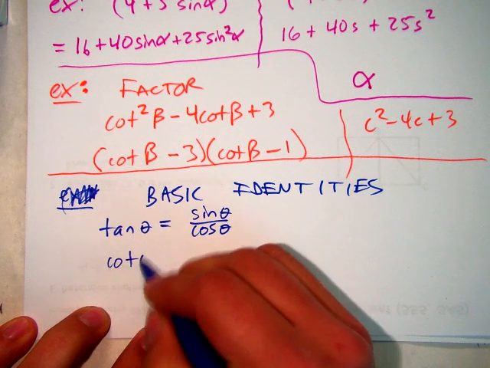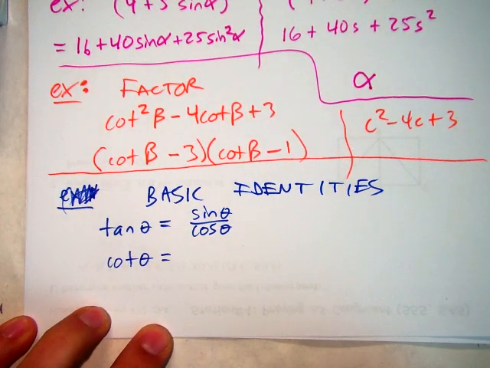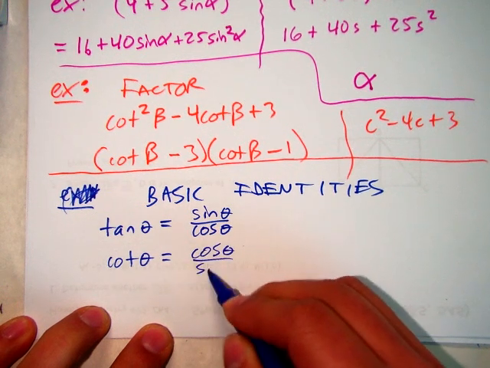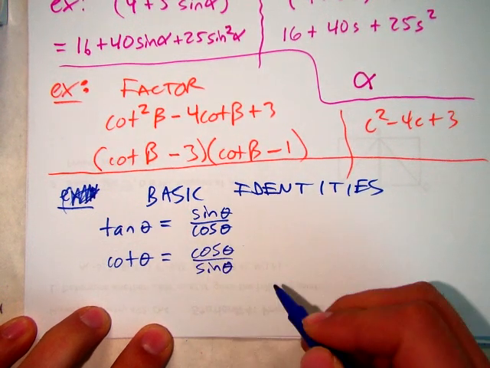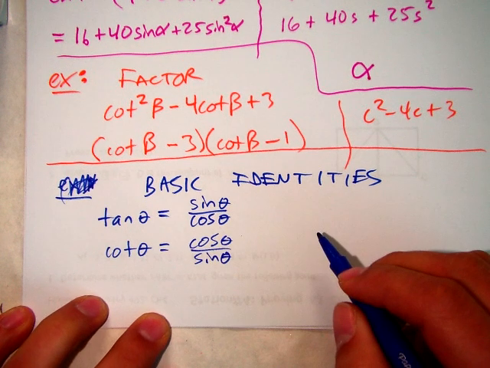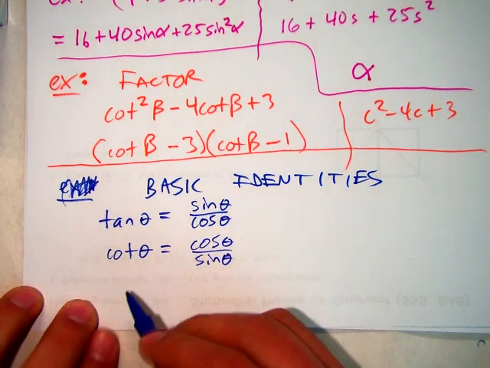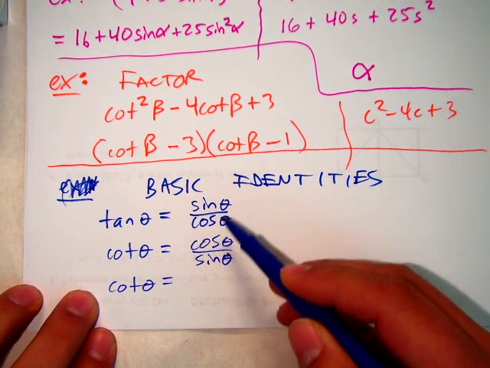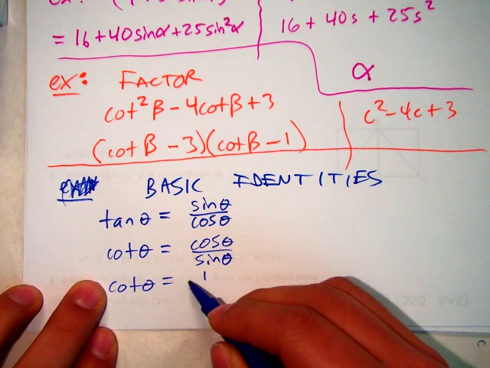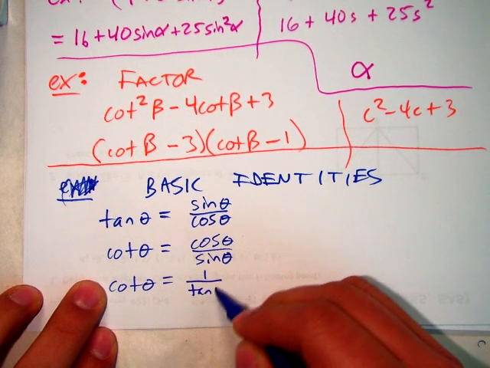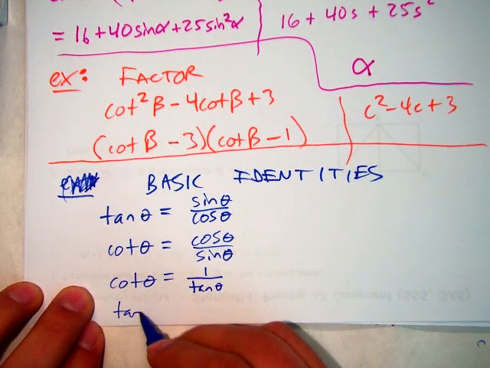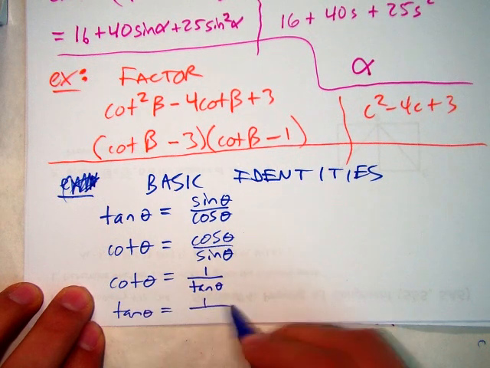Cotangent theta is cosine over sine, using the same ideas. You see that these are just reciprocals of each other, right? Cotangent theta is 1 over tangent theta. We could also say tangent theta is 1 over cotangent.